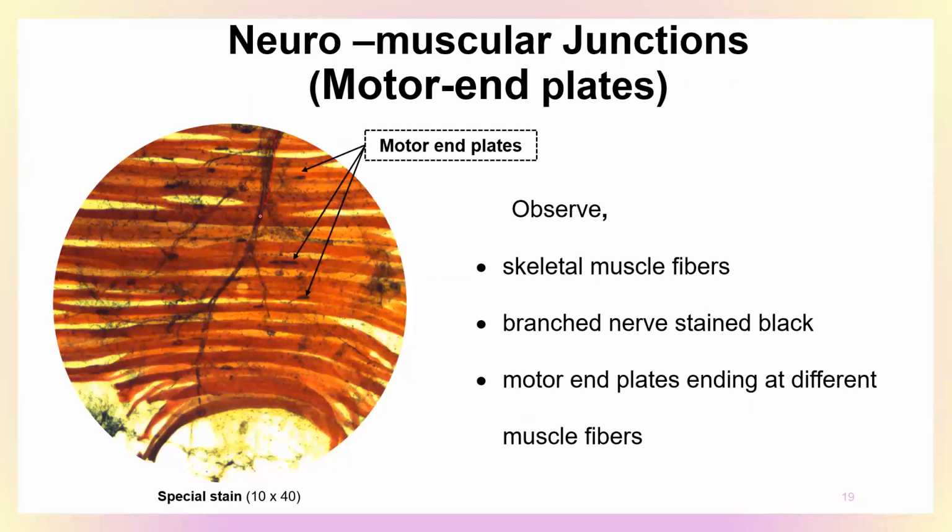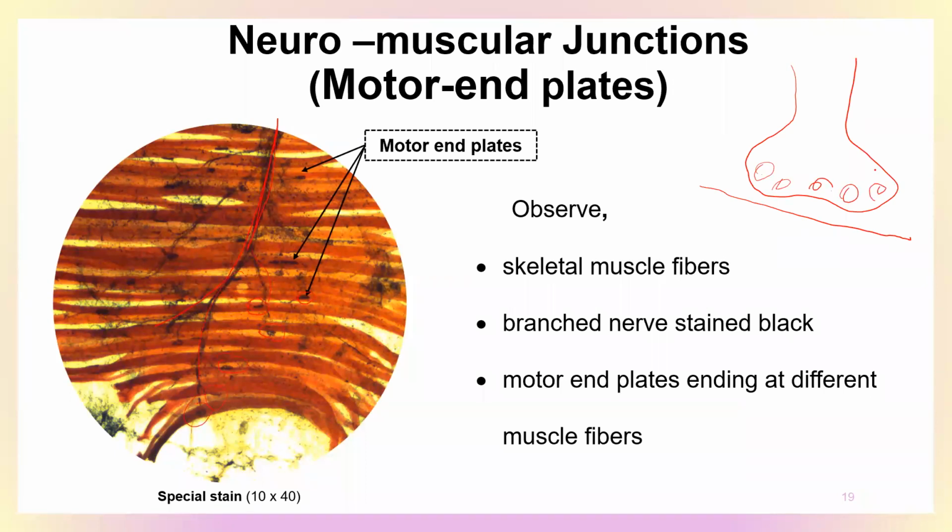You see the nerve, and it branches out and ends at each and every muscle fiber. Where it ends, you have the motor end plates, these tiny areas here. I'm sure you have seen pictures of the motor end plate where it ends like this on the muscle cell, with all these vesicles at the bottom.